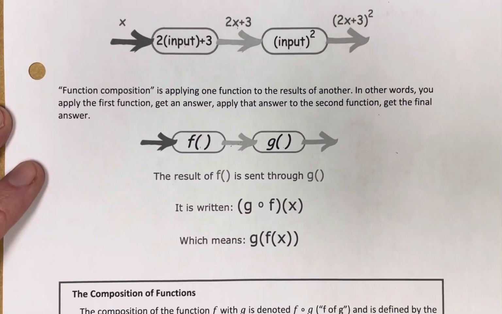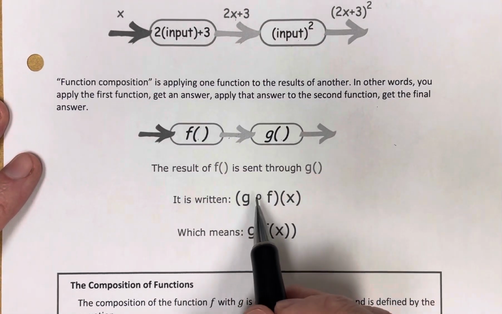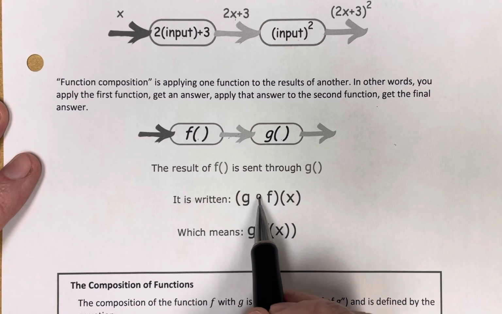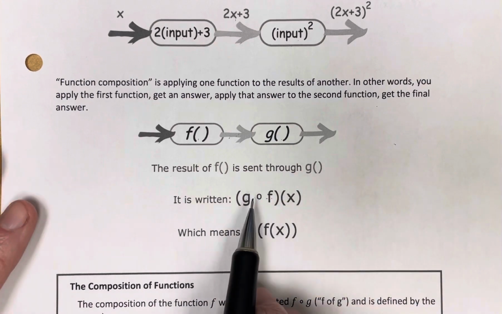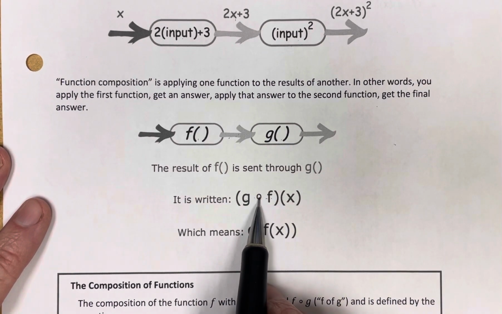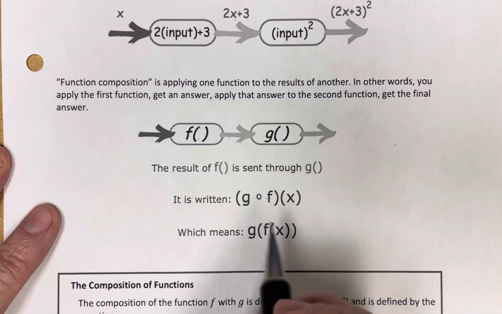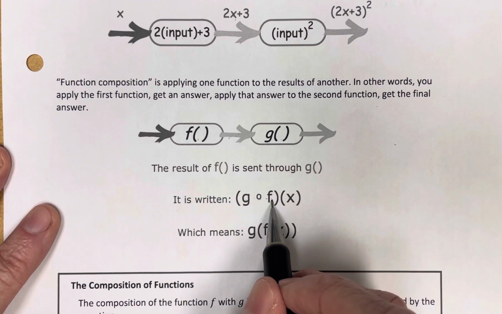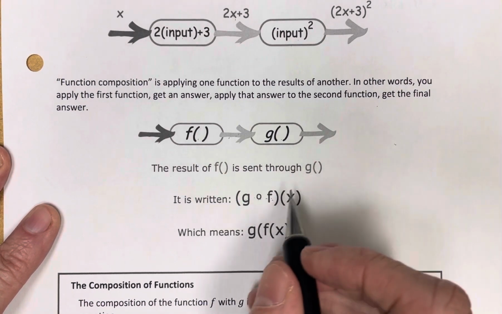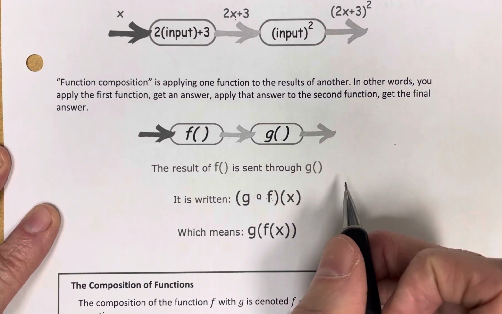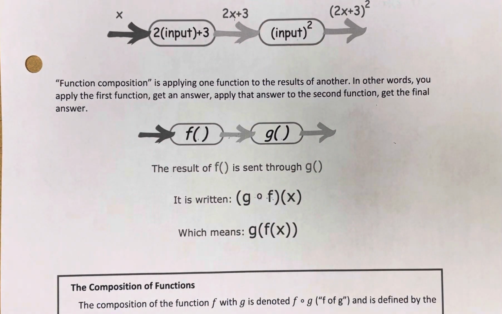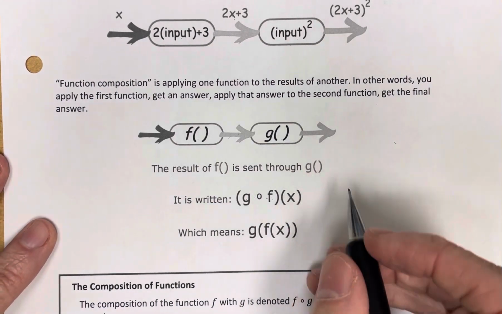How do we write this? Well, you can write it as g of f of x, using an open circle. It's not a times sign. It's not a degree symbol. It's an open circle. So here is g of f of x. That's how you say it.